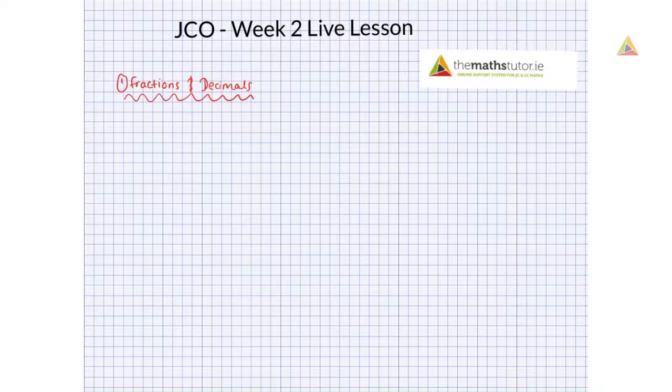Okay, so we're going to convert the following fractions into decimals. So the first example, so you can take this down. You're going to be asked to convert 1/4 into a decimal. So that's the question.